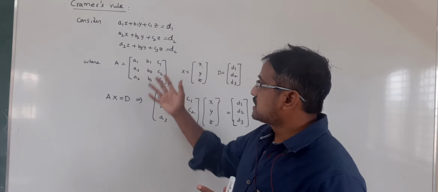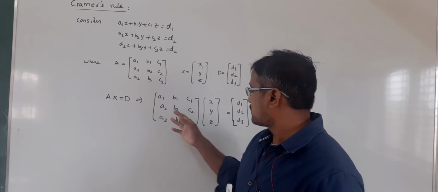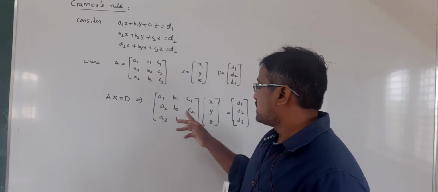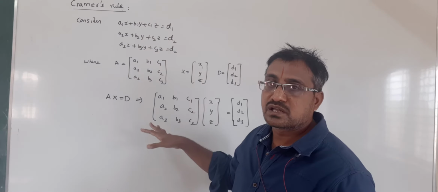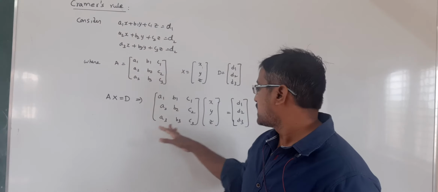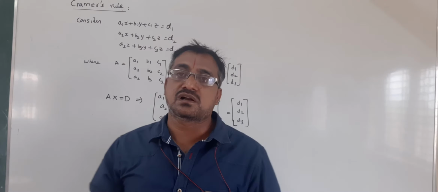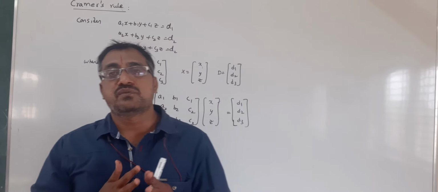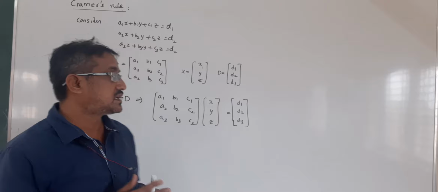Now those linear equations can be written as AX = D like this. If you multiply these two matrices, you will get these equations. So we represent this system of equations as AX = D. We know that A is called the coefficient matrix, X is called the variable matrix, and D is called the constant matrix.